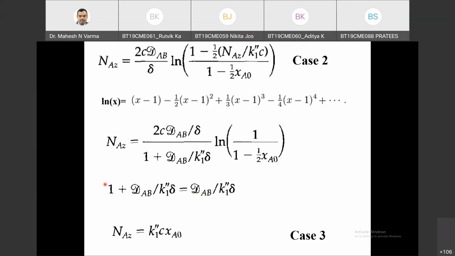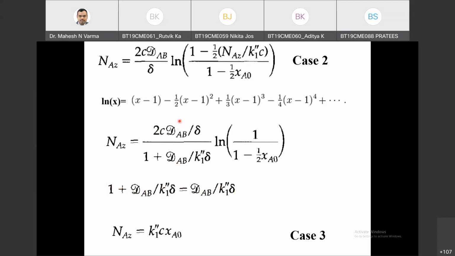This 1 will be negligible compared to this term because the ratio DAB over K1 double dash will be very, very large, since K1 double dash is very small. A large number divided by a very small one tends to infinity, so this term will be equal to DAB over K1 double dash delta.